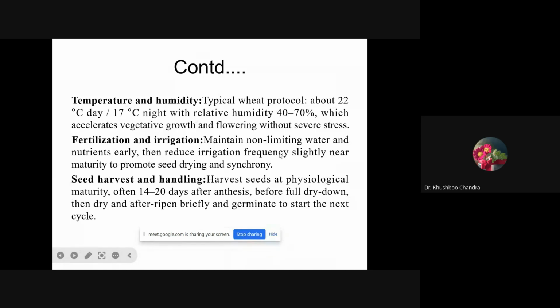We can maintain irrigation whenever water is required, proper nutrients, light, temperature, and humidity. Everything is managed within a sufficient time frame, and we can speed up our generations.